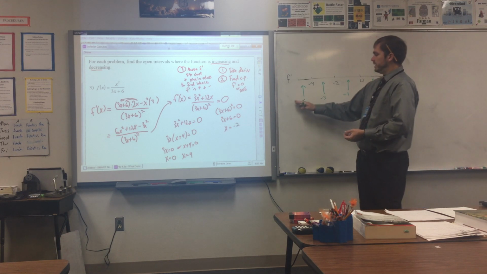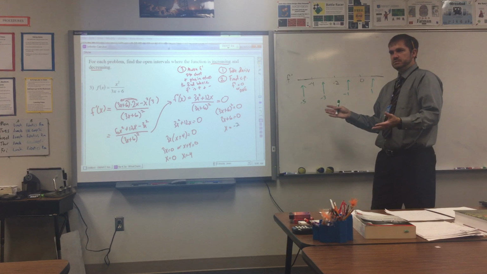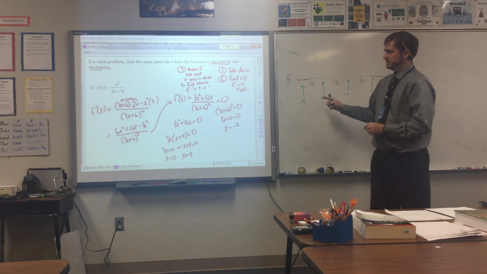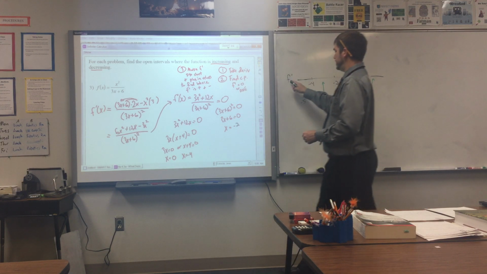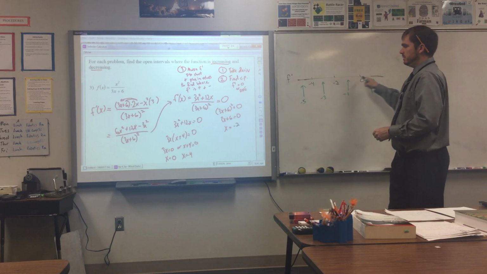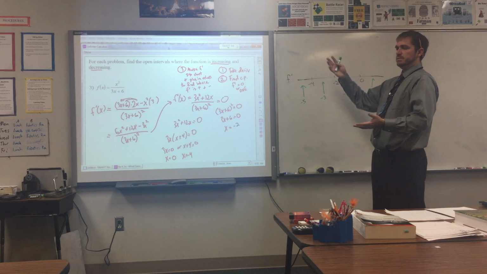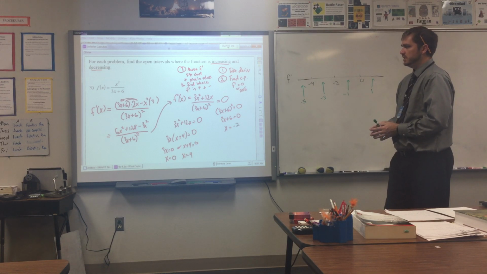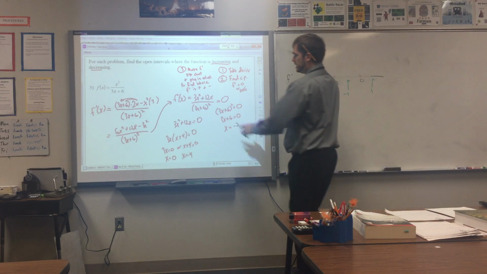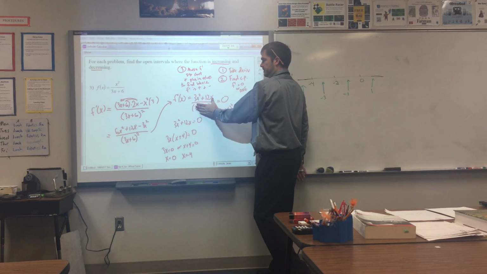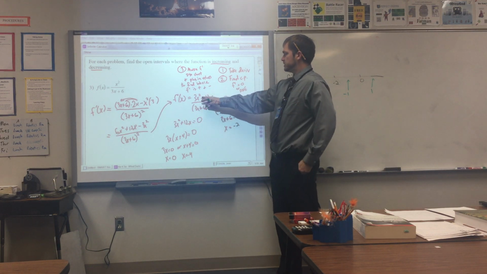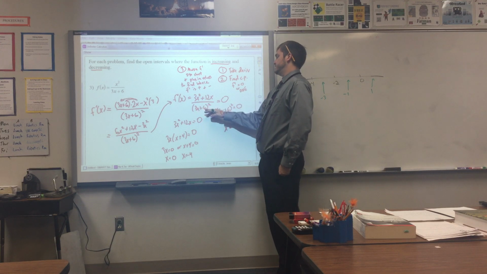Now, where am I going to plug the negative 5 into? I'm plugging it into the derivative, because if it's positive or negative, that'll tell me information about the original function. So I'm plugging it into this guy right here: 3x squared plus 12x divided by (3x plus 6) squared.